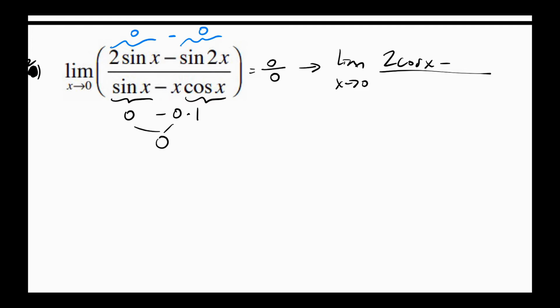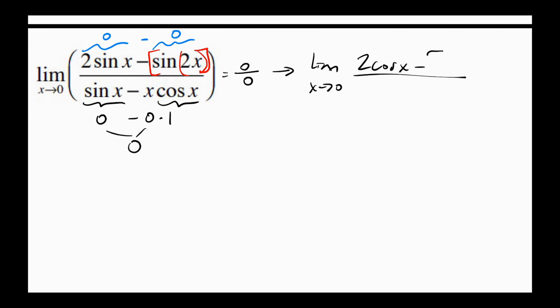Now this guy here, sine of 2x, I got to use chain rule for that one. First, the derivative of sine is cosine, so minus cosine, and I'm going to use some brackets here, (2x), and then find the derivative of the inside, which is 2.